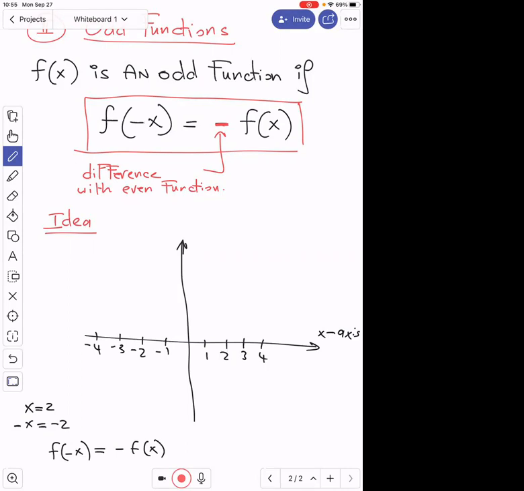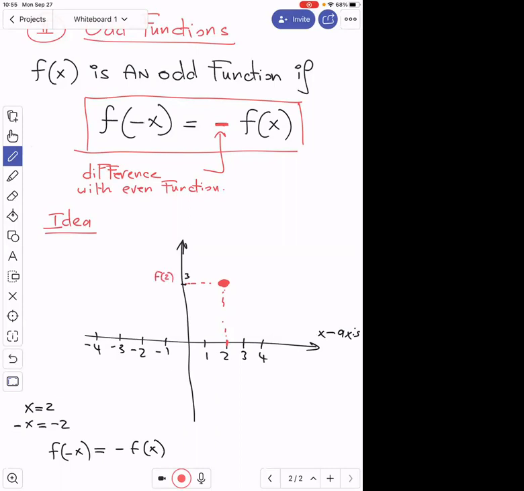So for example, let's say this is my x equals 2, and this point is somewhere right here. Let's say this is, for example, 3 right here. So this is f of 2.